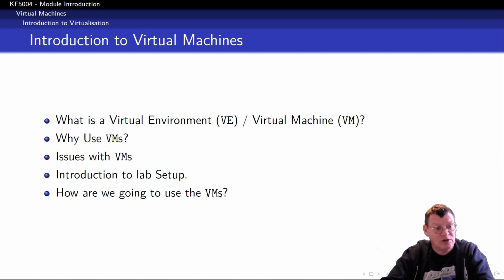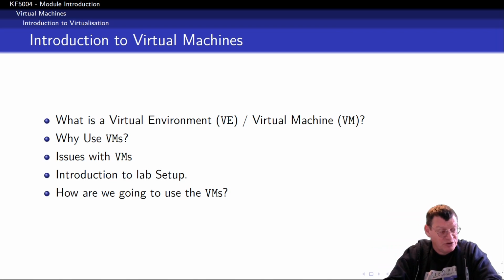The next thing is we're going to look at why we use VMs, because of what it gives us on a local machine in virtualization rather than containers. We're also going to look at the issues that virtual machines have, because once you've worked with them in this module as a teaching environment, you may think that it automatically translates into industrial deployments, but there are issues you need to be aware of.